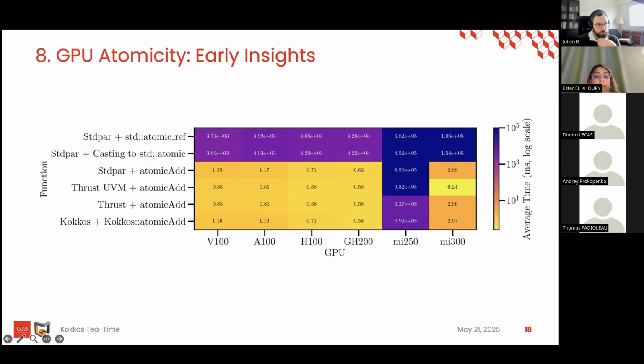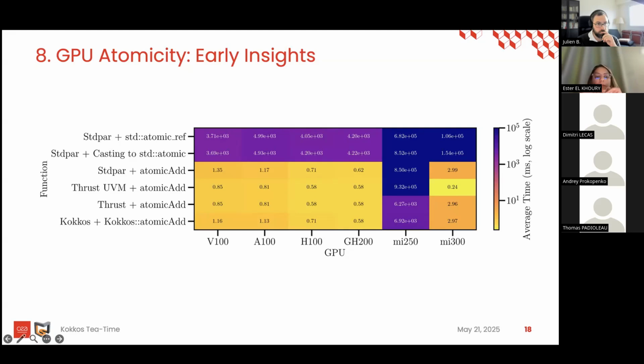As we can see, the SED atomic graph and the typecast to SED atomic while using SED power gave us a poor performance. But when we have done atomic add, when we have used CUDA atomic adds with SED port, Thrust VVM, Thrust, and Kokkos, we had much better performance.